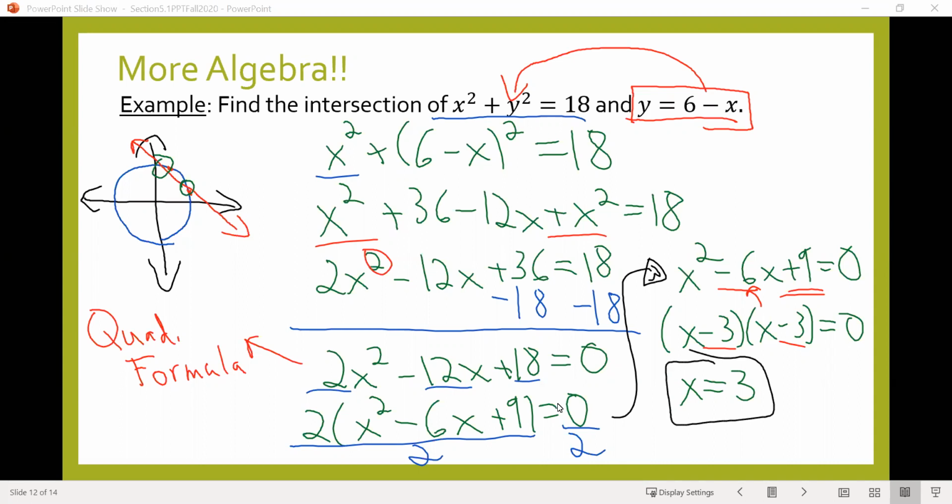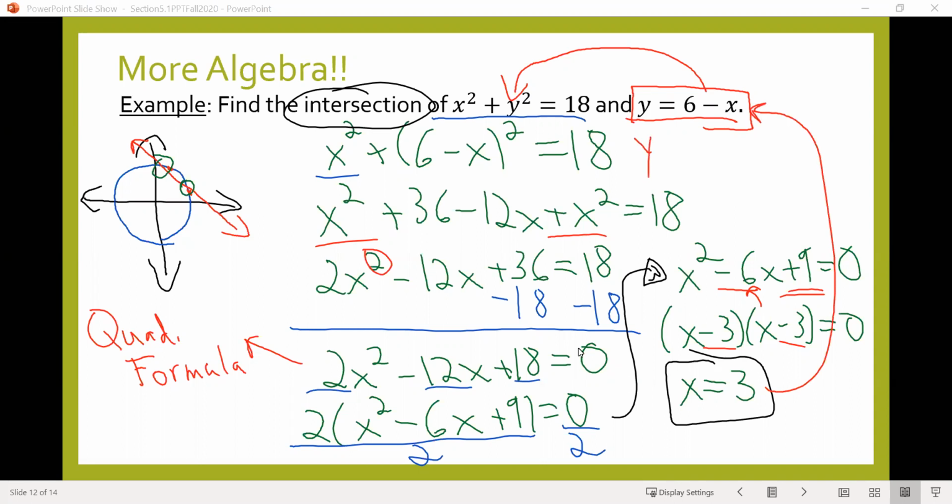All right, now big question. Are we finished? Hopefully your answer is no, because we're trying to find the intersection, and really this should say an intersection point between this line and this circle. So now that we have the value for x, we need to find the value for y. The most straightforward way to do that, I think, would be to take this value for x and plug it in here in the equation for y.